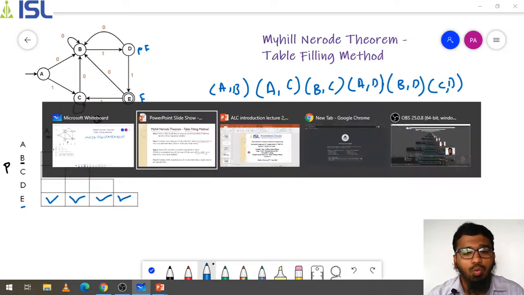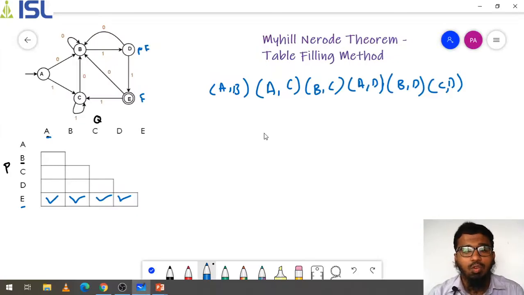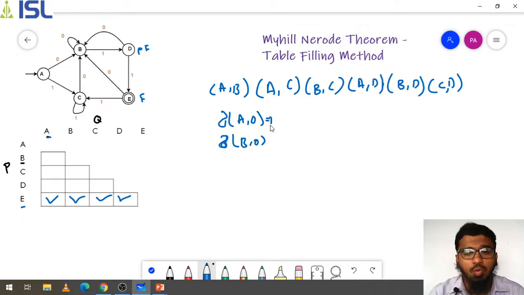Now we need to check with this method. We take the unmarked pairs and solve them. First, delta of A comma 0 and delta of B comma 0: where are they going?